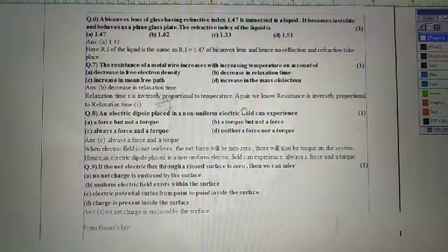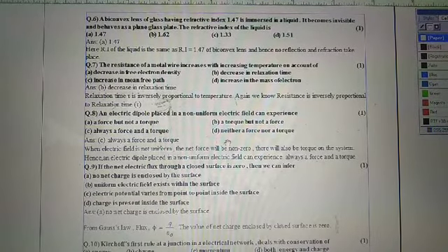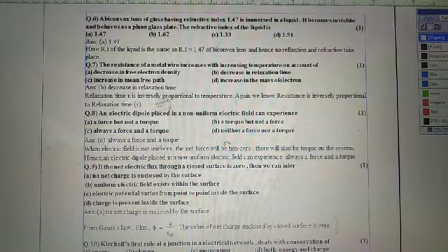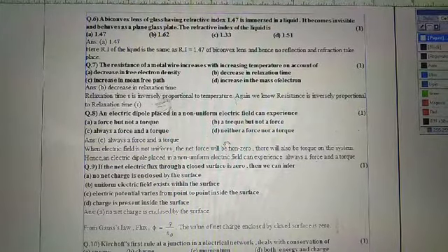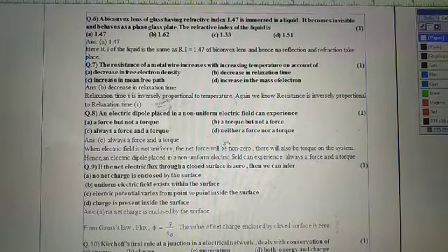Question number 6. A biconvex lens of glass having refractive index 1.47 is immersed in a liquid. It becomes invisible and behaves as a plain glass plate.